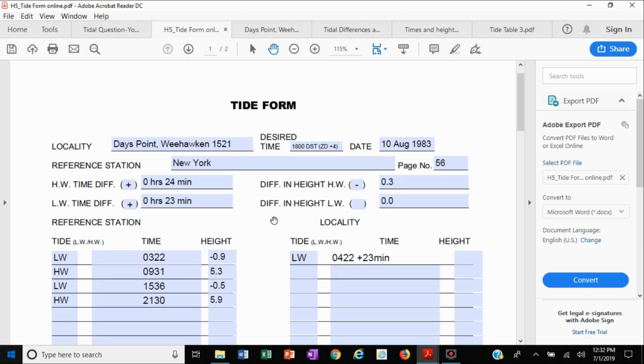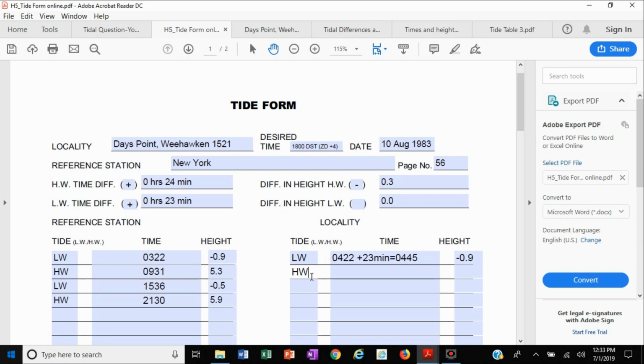And that's going to give us a time of 0445. Okay, that's our time difference now. And our height, so if we look at the height up here, the difference in height in low water is nothing. So that's all we have to do is transfer that negative 0.9 over. Okay, does everybody understand so far?